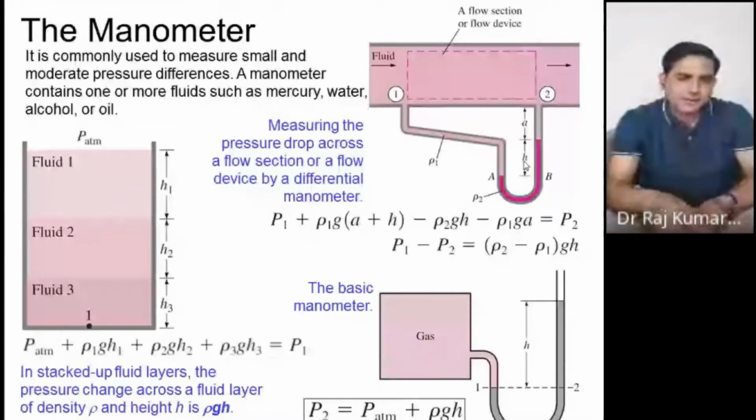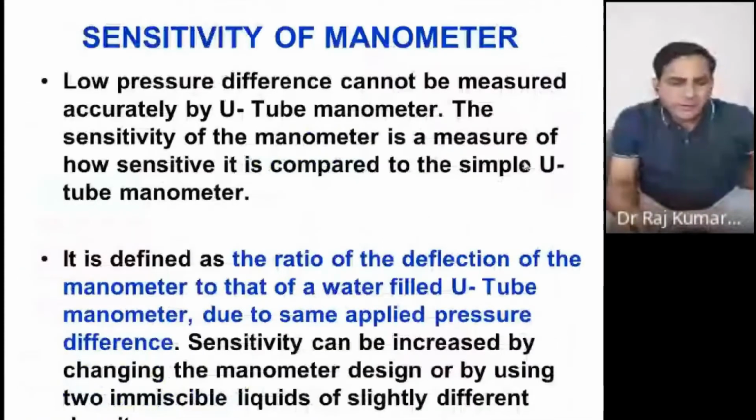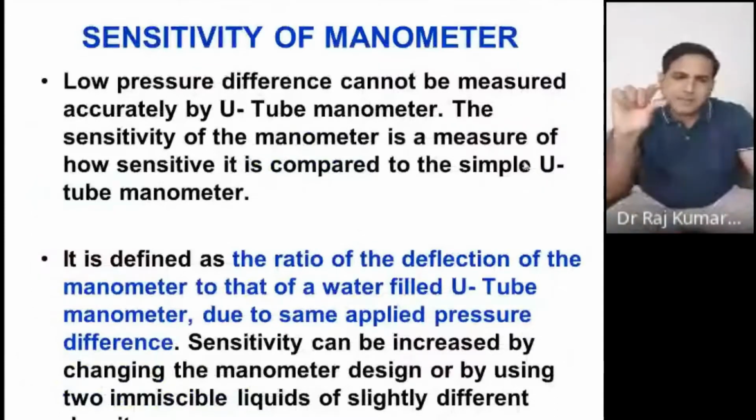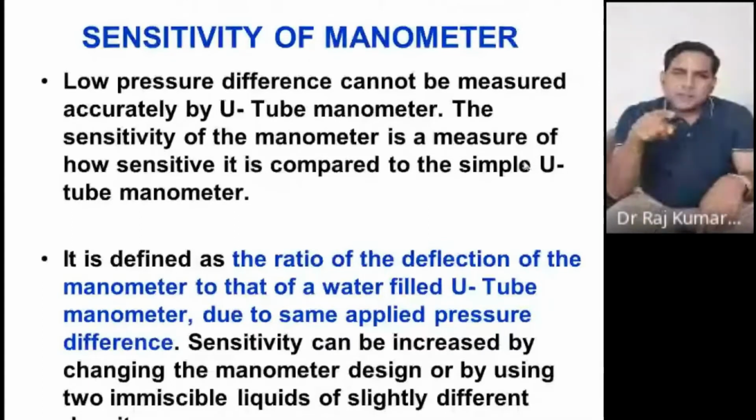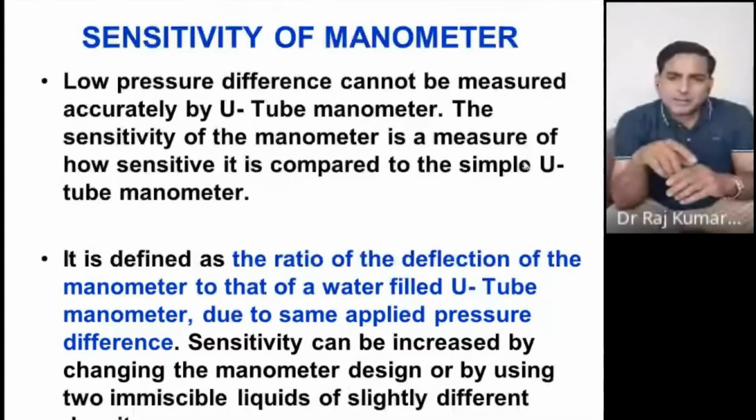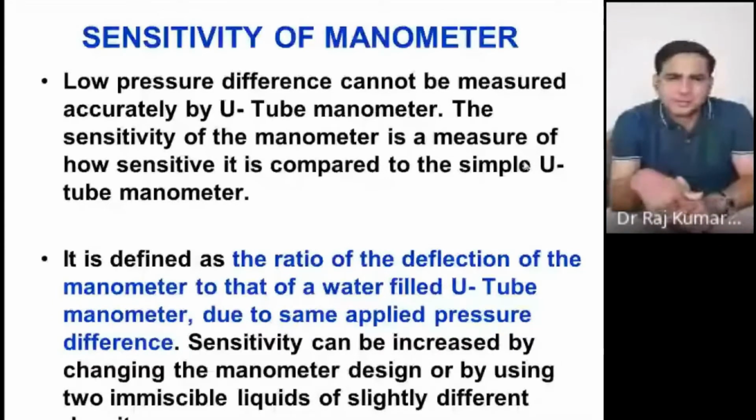Low pressure difference, meaning low delta H, cannot be measured accurately by a U-tube manometer. So the sensitivity of a manometer is a measure of how sensitive it is compared to a simple U-tube. The U-tube is just this one, and you want to have a manometer so that that particular length can be maximized.